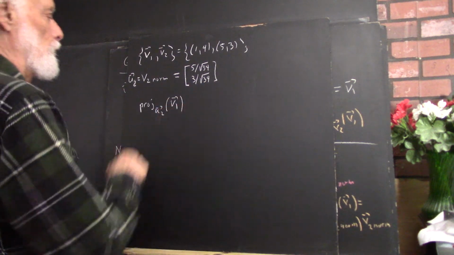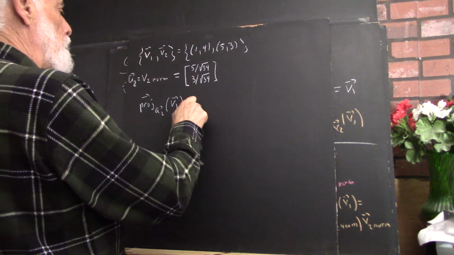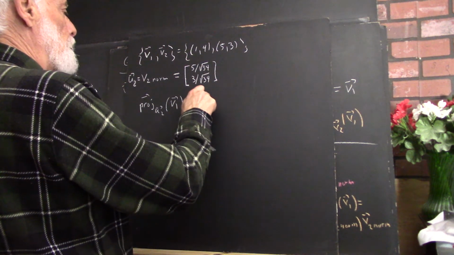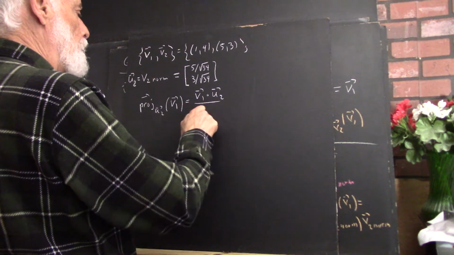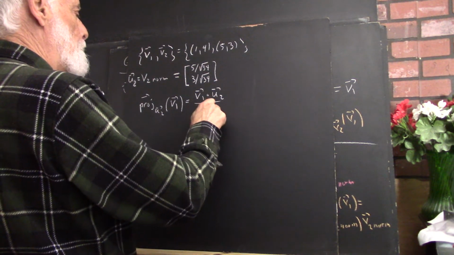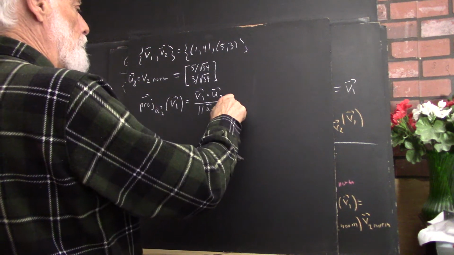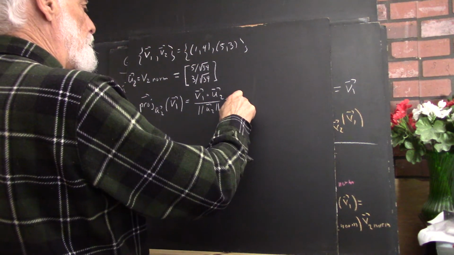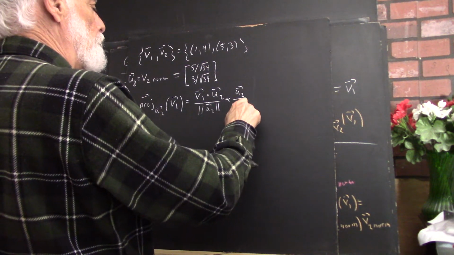So projection onto U2 of V1 equals V1 dot U2 over magnitude of U2, multiplied by U2 over magnitude of U2.